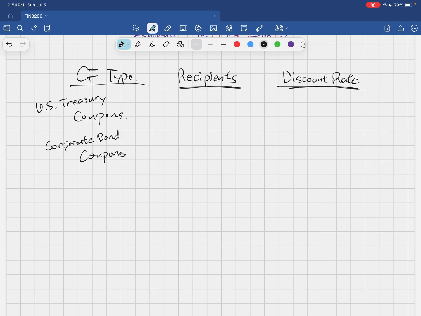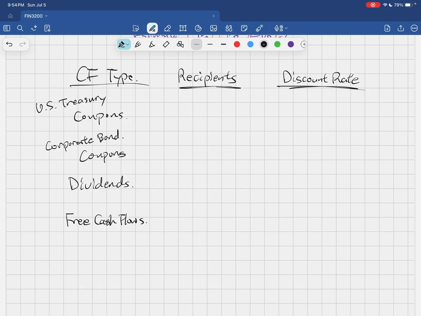So the coupon payments that come from corporations, corporate bonds. Okay, and then we talked about dividends too, right? Dividends. Basically, shareholders get these, right? And then today we talked about free cash flows.